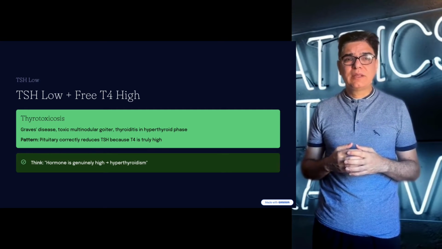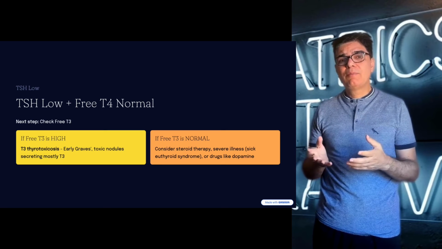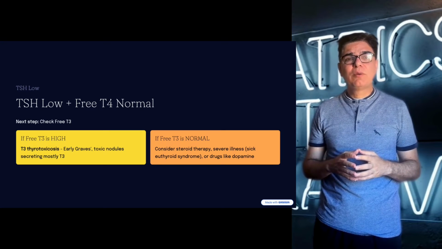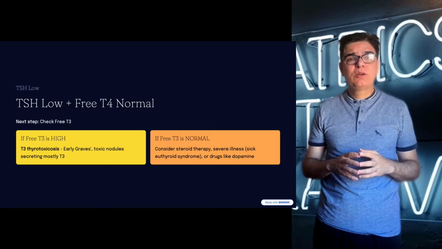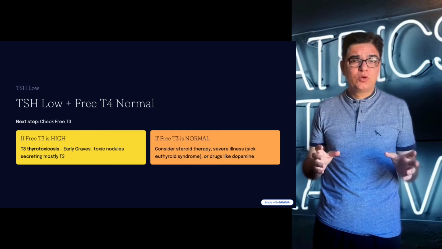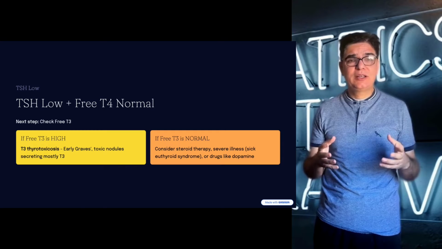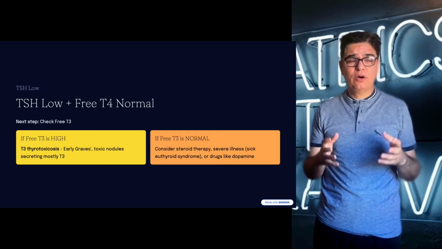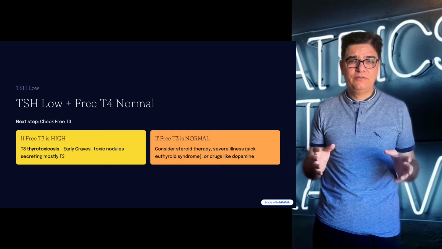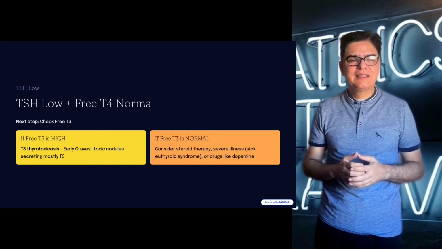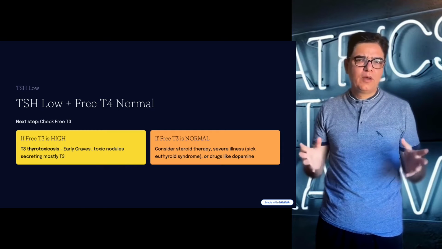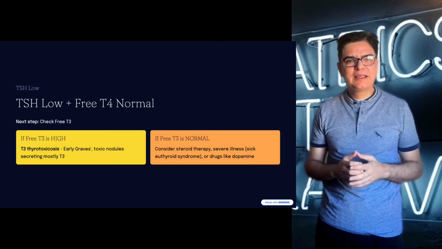Let's say you find out that the TSH is low but the free T4 is normal. If that is the case, you always check for free T3. So remember, if free T4 turns out to be normal with a low TSH, don't stop there. Just order a free T3 and look at its level. If free T3 is high, that's T3 thyrotoxicosis, often early Graves or nodular disease, which is secreting mainly T3.